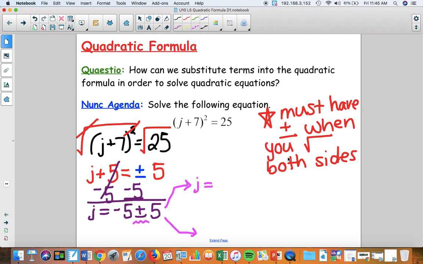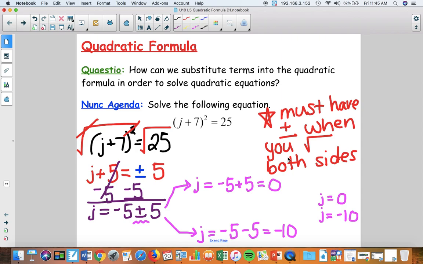So the first one would be j equals -5 plus 5. And the second one would be j equals -5 minus 5. -5 plus 5 is 0, and -5 minus 5 is -10. So our two answers are j equals 0 and j equals -10.